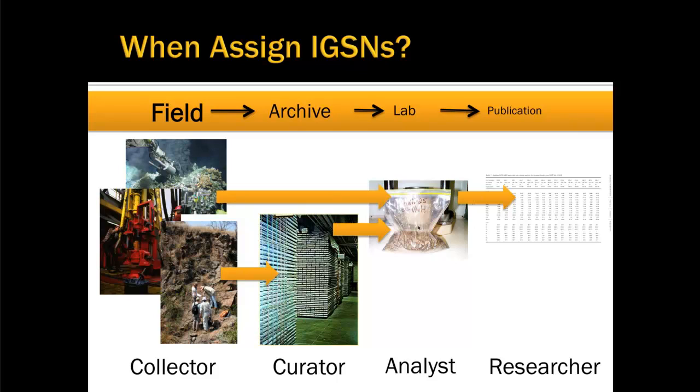Now, this is often difficult. It works if you basically create IGSNs before you go into the field and then put the metadata into some spreadsheet while you're out there.